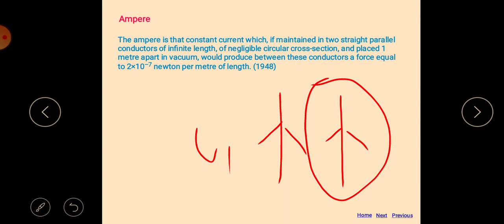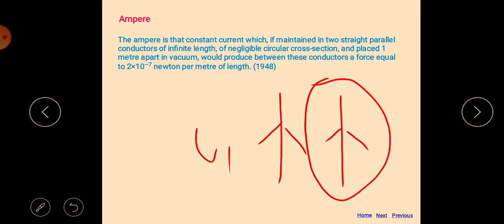I'm not going into that much detail, but if the first wire is kept there and current I is flowing in the wire, and parallelly a second wire is placed and the same amount of current is flowing in this wire also, definitely these two wires interact.